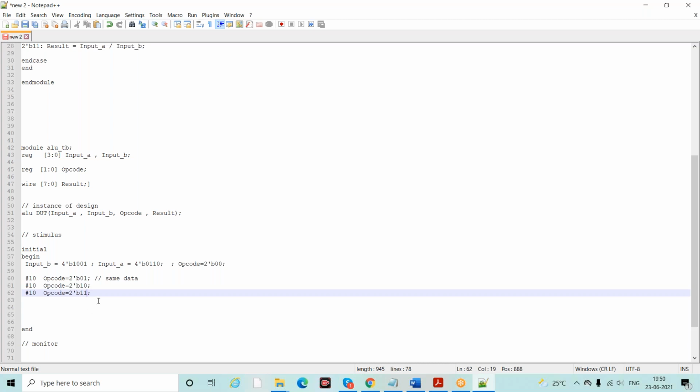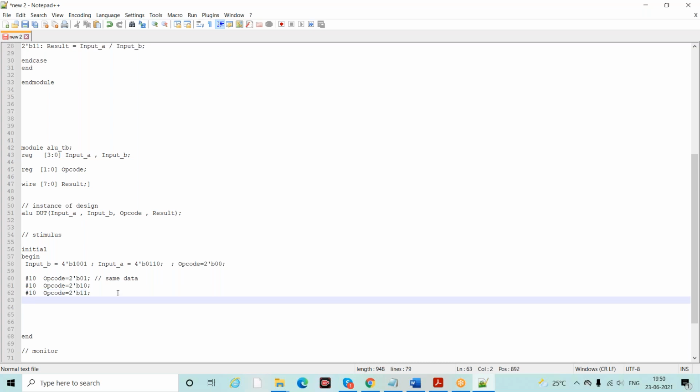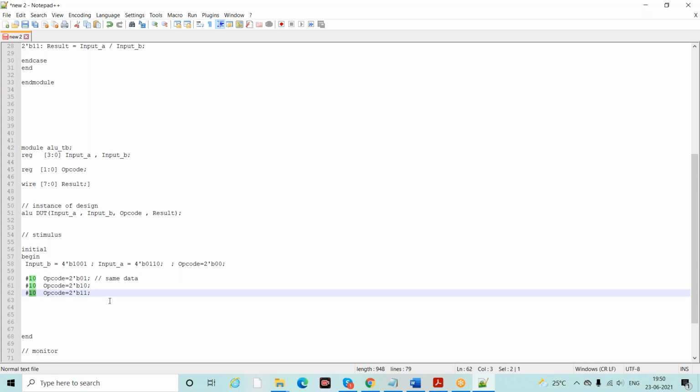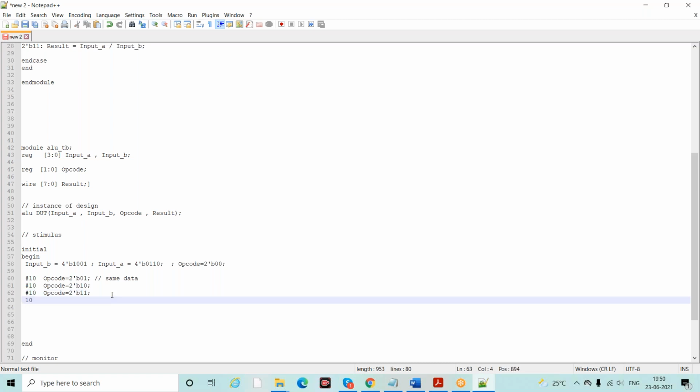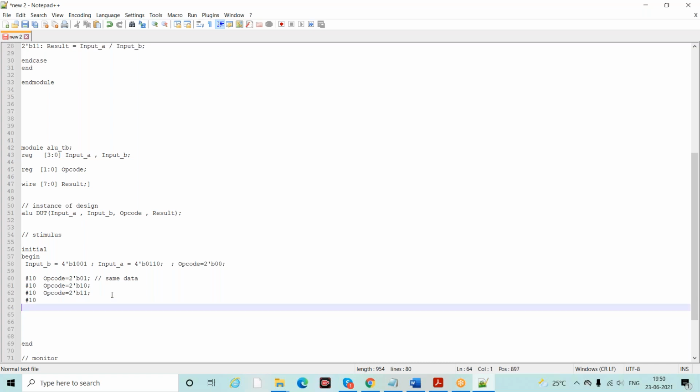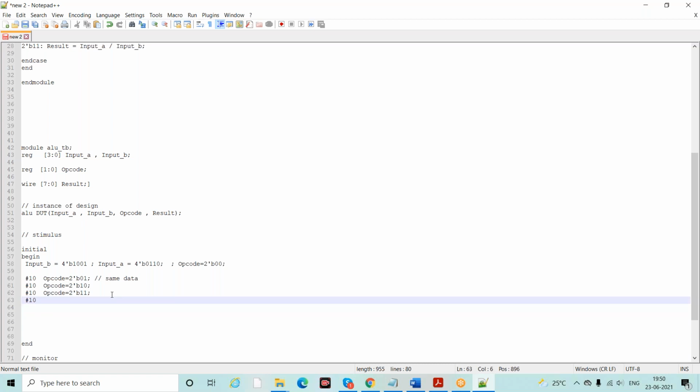Yes, instead of writing all the things, we can use some looping operator also, that we can see in the later part. After 10, what is the total duration of your simulation time now? After 10, I'm going to stop my simulation. Stop my simulation here.